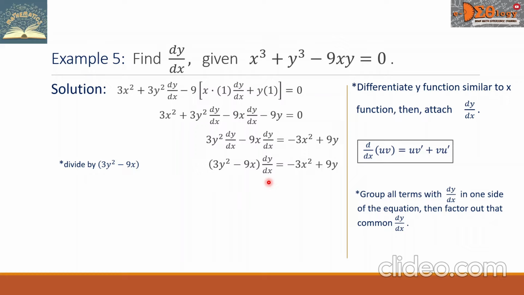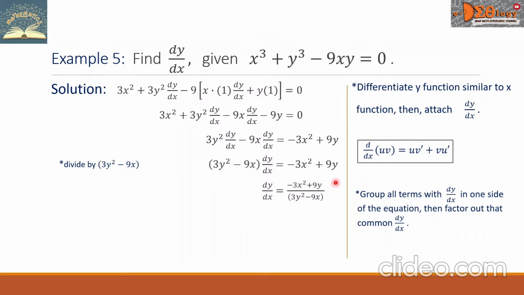In this case, we divide the equation by 3y squared minus 9x. By doing so, this 3y squared minus 9x becomes the denominator of the right side. So dy over dx, now alone on the left, equals negative 3x squared plus 9y all over this denominator.